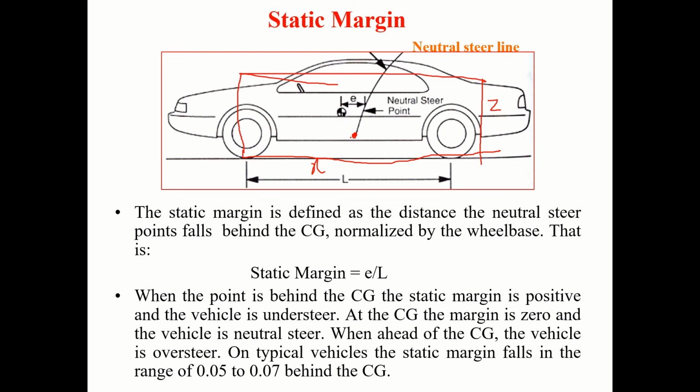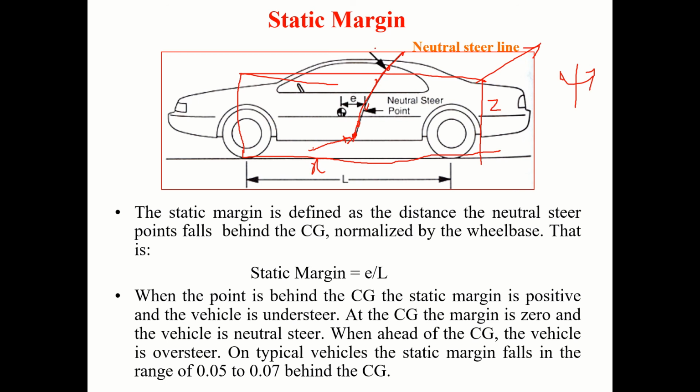Correct. You put a lateral force. The vehicle only slides. It will not yaw. Vehicle only will move like this. It will not yaw. So like that, you take another point, another point, another point like this. These are the points where the vehicle will slide, it will not yaw. So join all these points together.